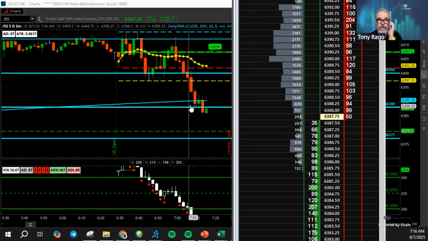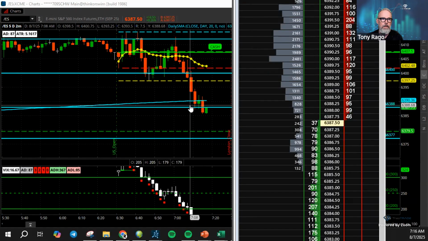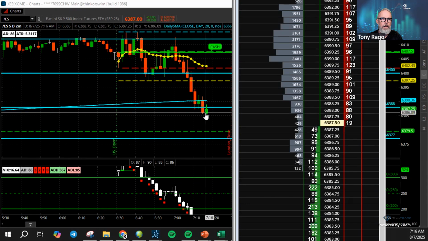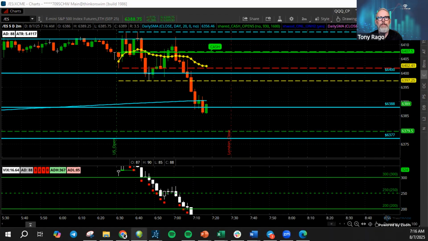So likewise, if we start spending time underneath of the hourly midband, I'm afraid that this is going to lock up when I get in a trade, you guys. What the absolute heck is going on here?